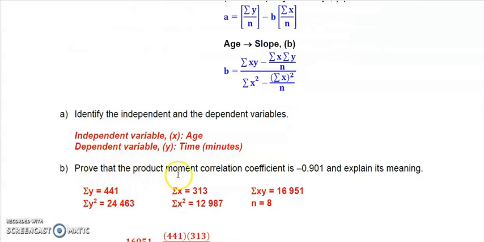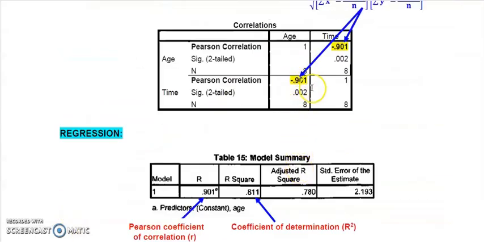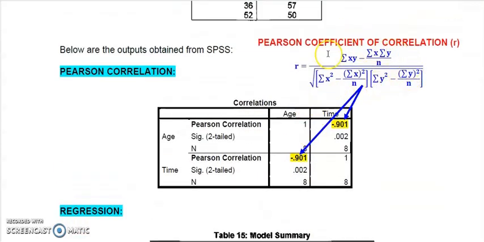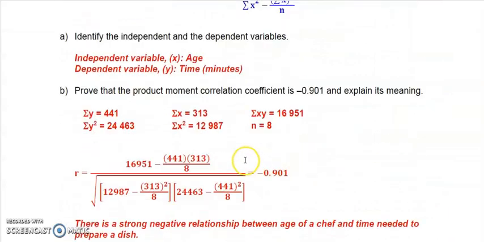Okay, B. Prove that the product moment correlation coefficient is negative 0.901 and explain its meaning. So how to get this value, negative 0.901? Again, we use the Pearson correlation formula. If the question asks you to get this value, you use the Pearson correlation formula.